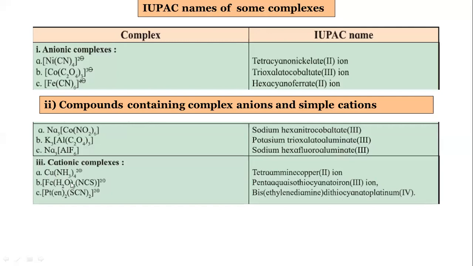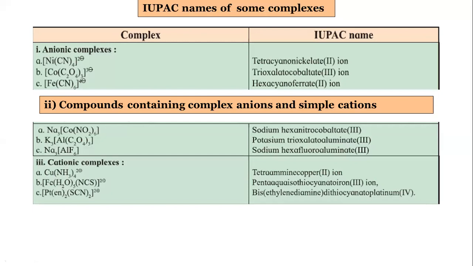Then come to the second example, [Fe(H2O)5NCS]2+. Now here is NCS and SCN. Students get confused about what is NCS and what is SCN. So remember, NCS is isothiocyanate, and SCN is thiocyanate. In that chart also I have given.